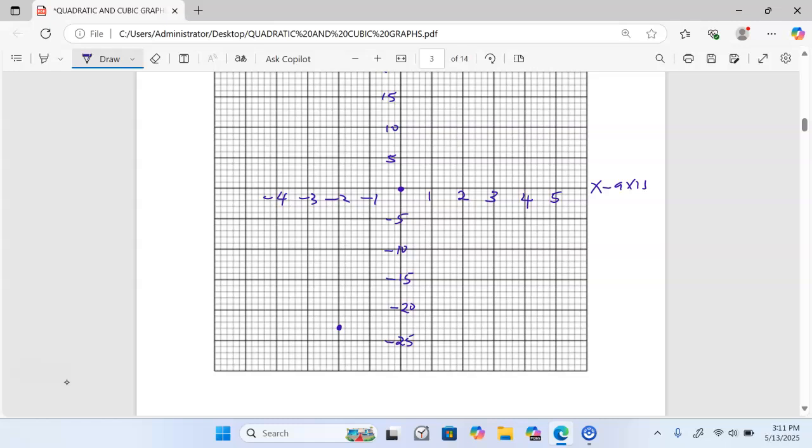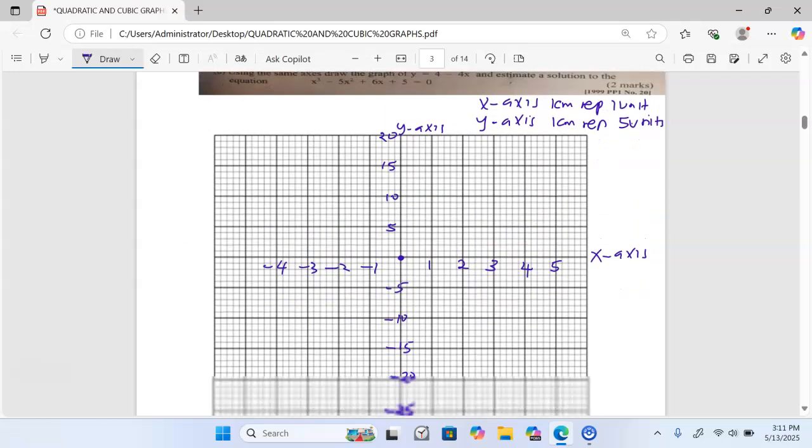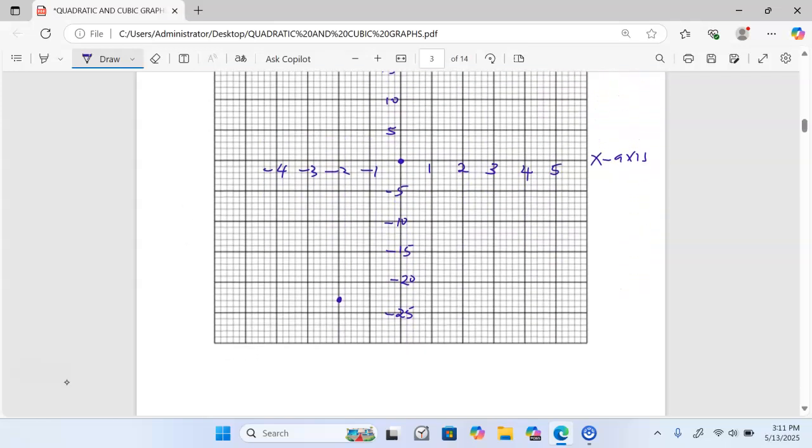So -1.5 is here, and we are going to have 8.7. Then we have this is 5, 6, 7, 8. 8.5 is here.